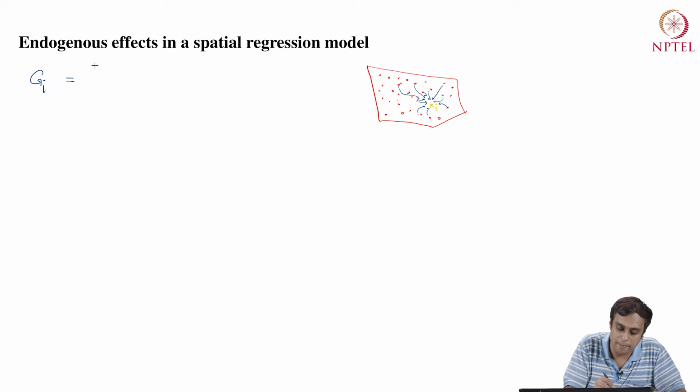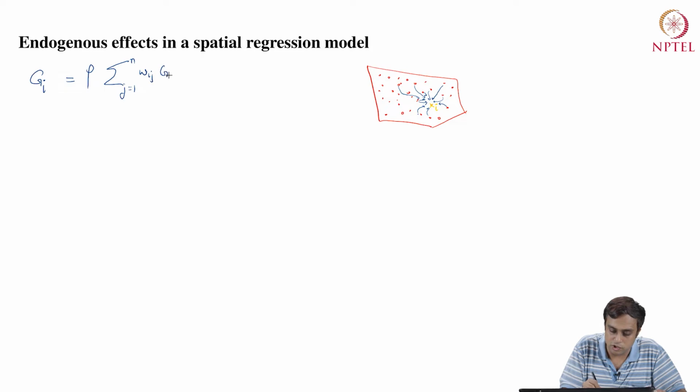So G_i is written to be equal to rho, which is a coefficient, times the summation j equals 1 to n of w_ij g_j, j being the lag. Now we are going to use row-standardized weights, that is to say that w tilde ij is w_ij over summation j w_ij.